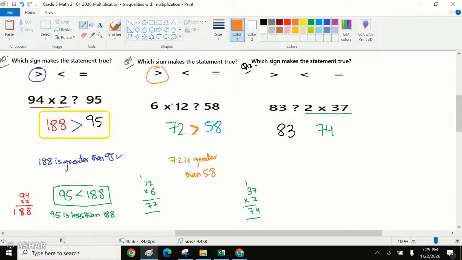We have the numbers 83 and 74. Therefore, we can say that 83 is a bigger number, or is greater than 74. Agreed? So we simply put down the greater sign over here.